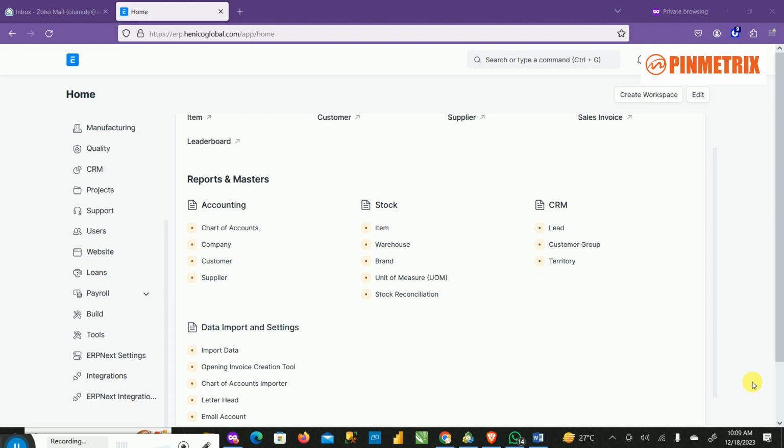They have two of their competitors or friends from whom they borrow stock of LPG, which is cooking gas. We have competitors like One Gas and 4D Integrated Service. These competitors also borrow from Henico Global as well.